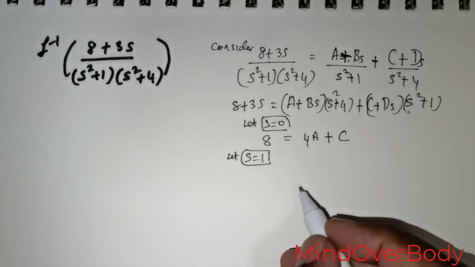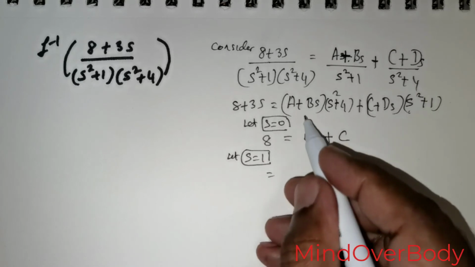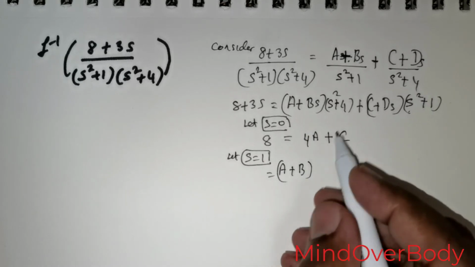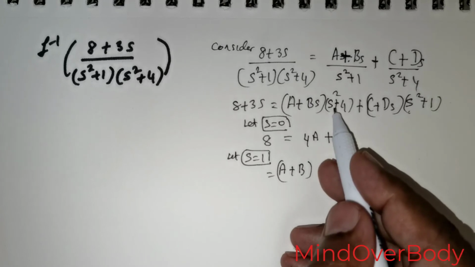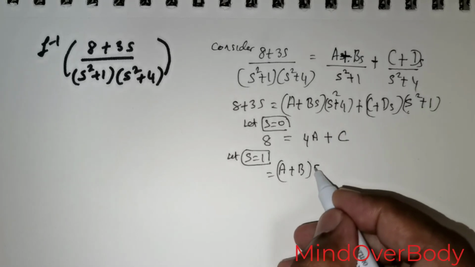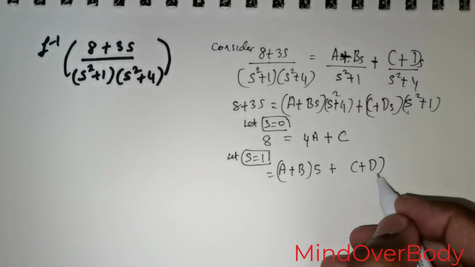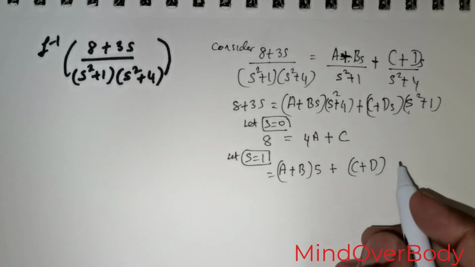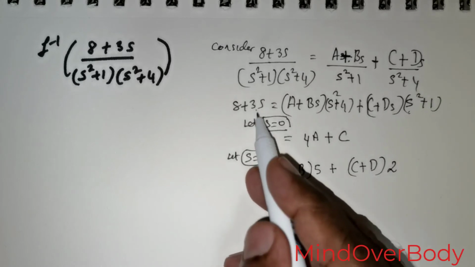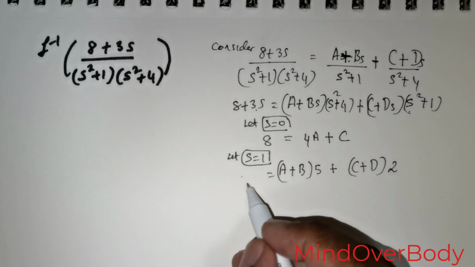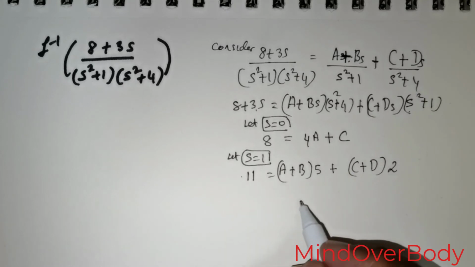If I were to take s is equal to 1, I would have (a + b) times, s is equal to 1, so it's going to be 1 + 4, it's going to be 5 there, followed by (c + d), and 1 + 1 is going to be 2. S is equal to 1, so that would mean 8 + 3, that would give me 11.